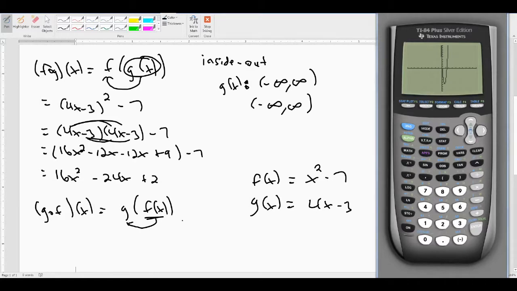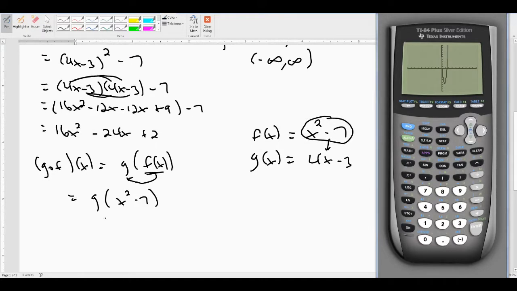This time we're taking the f function and substituting it into the g function for the x. I'll do it step by step. We take the f of x, which is x squared minus 7, and throw it into the g function.